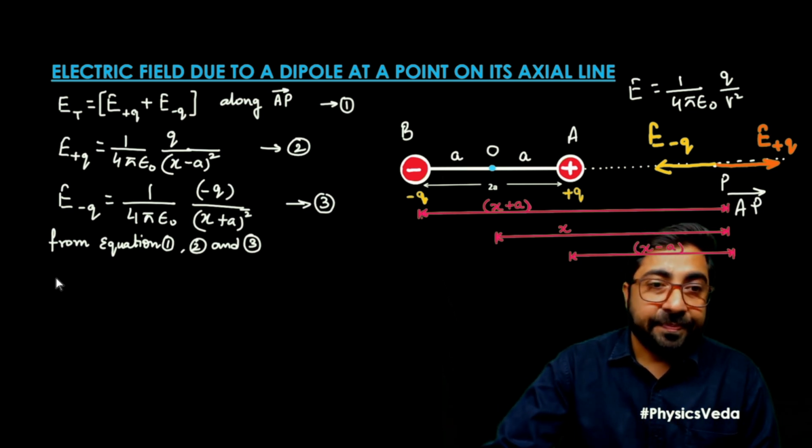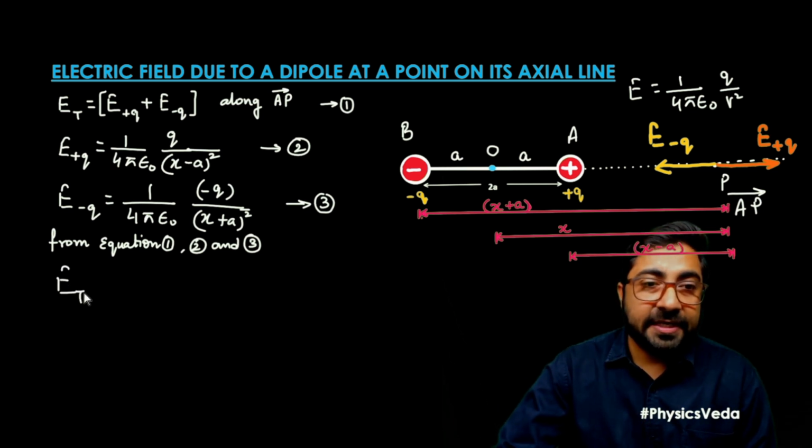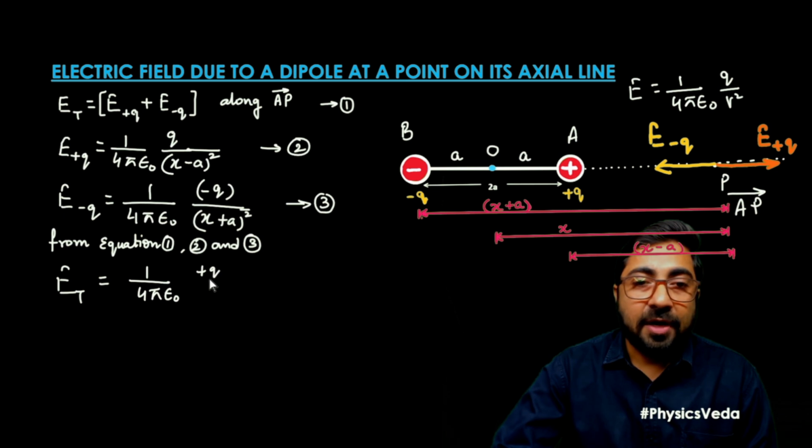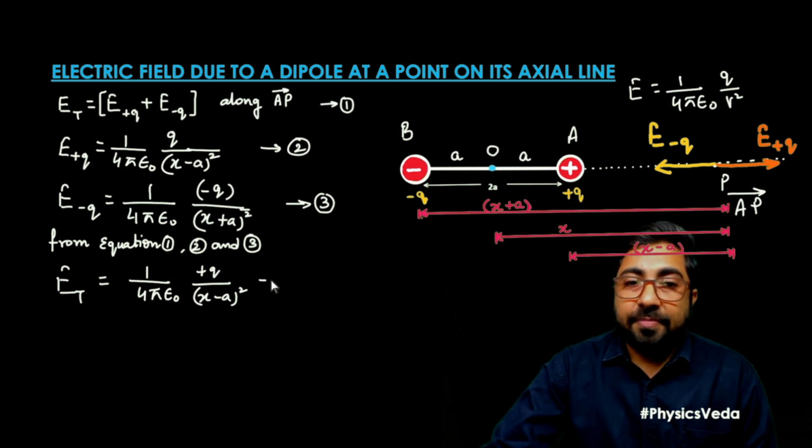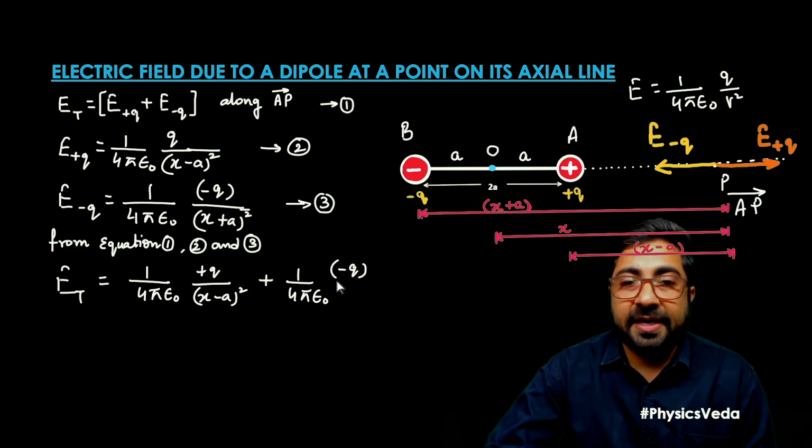Now let's see. The total electric field, E total, is equal to 1 upon 4 pi epsilon naught times plus Q upon the distance x minus a whole square. And for the negative charge, from equation number 3, I can write minus q, and the distance is x plus a whole square.